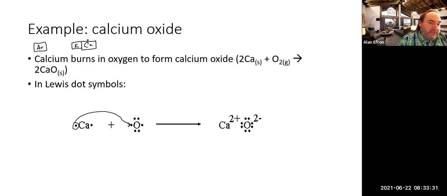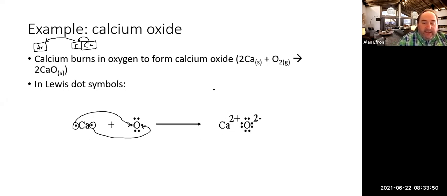So if calcium just gives up 1 electron, it really only moves it back to a potassium configuration. Because it has 2 electrons, it's able to give away both electrons, and now that's going to move it back into argon's configuration.